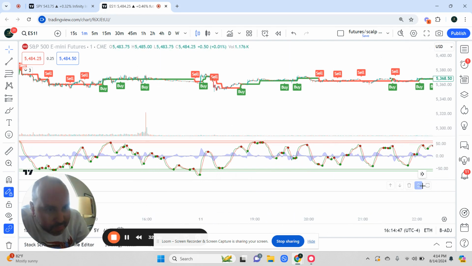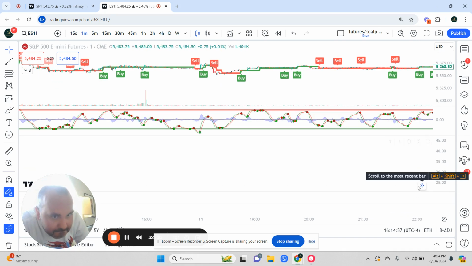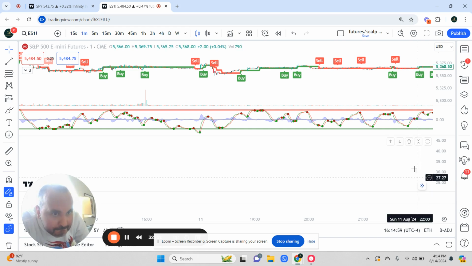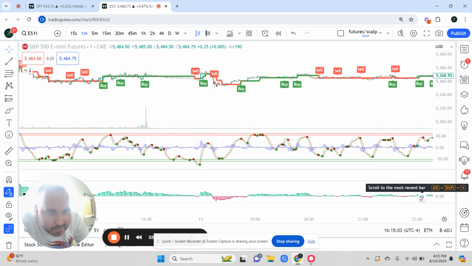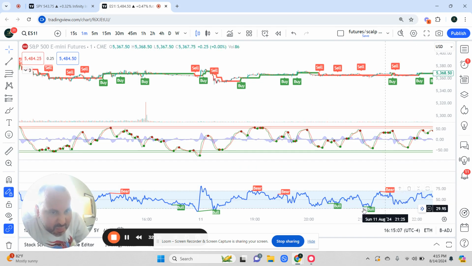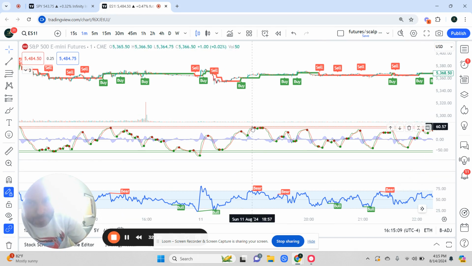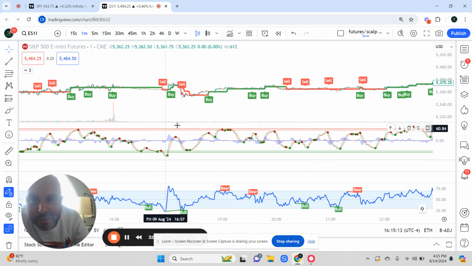So let's see if I can pull up the RSI divergence indicator. There it is. Okay.